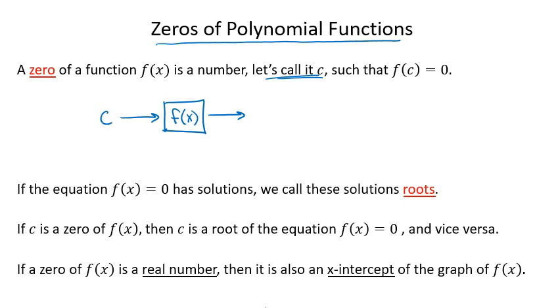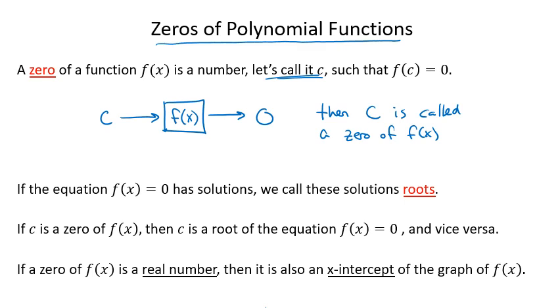If c is a number, and we plug that number into the function for x, and out pops a 0, then c is called a zero of f of x. Okay, so we're interested in finding zeros of a function.